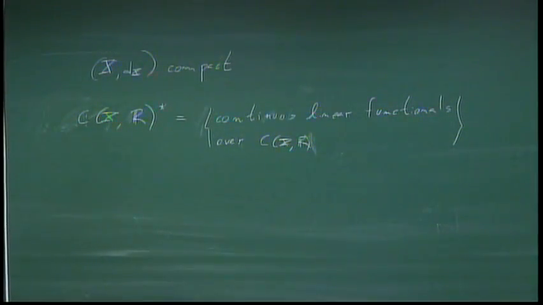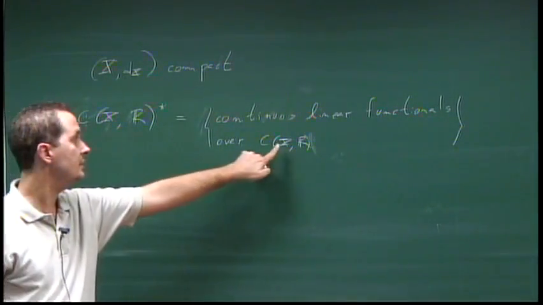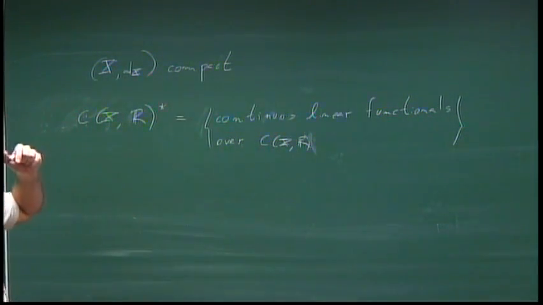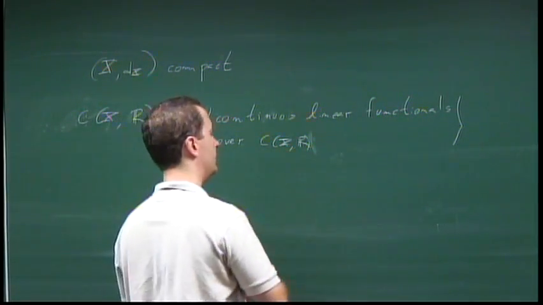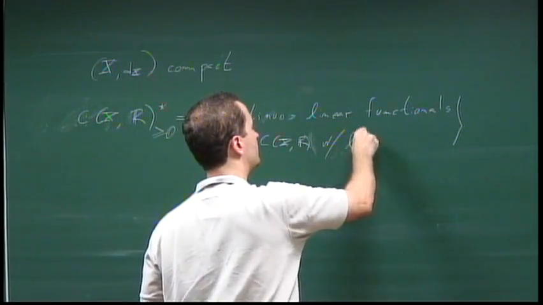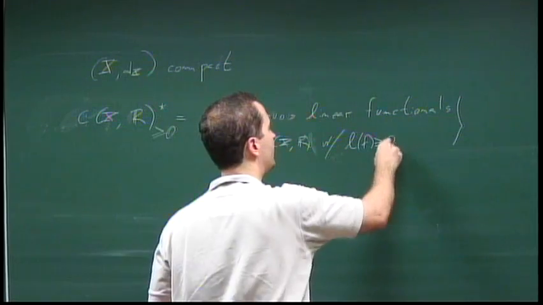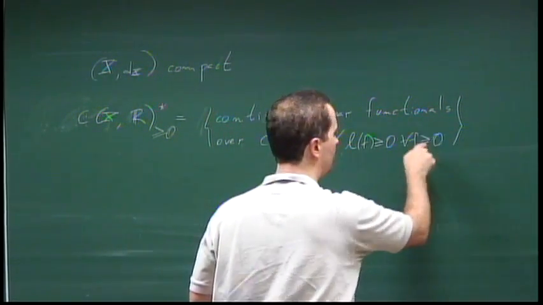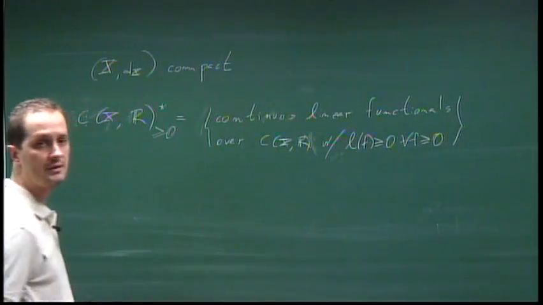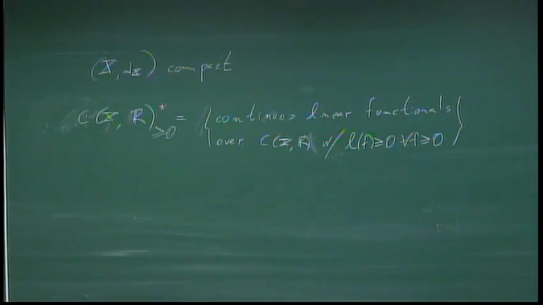So a linear functional is just a linear mapping from C(X, R) to R. And it's continuous, well, if it's a continuous function. And I want to consider the linear functionals that are positive, right? That is, they map positive functions to positive numbers, right? So for all f in this space, of course.